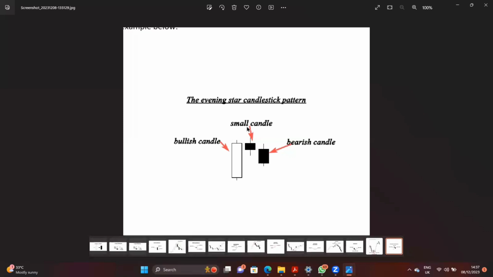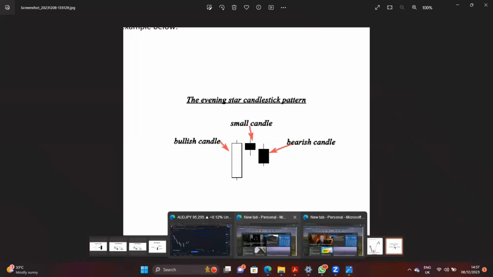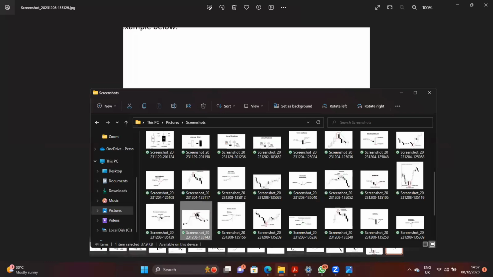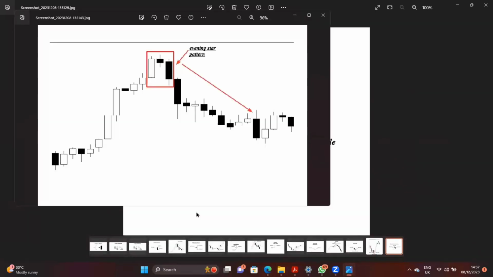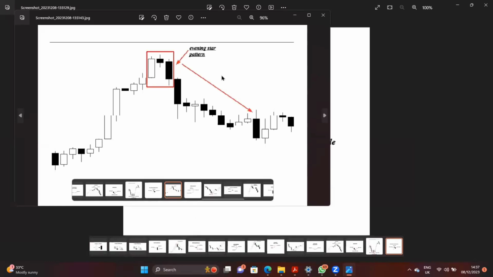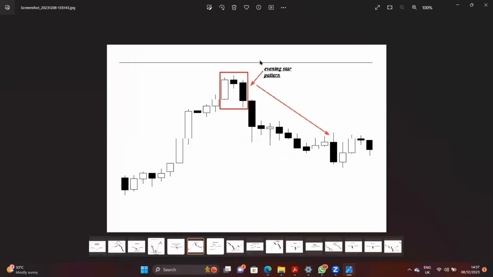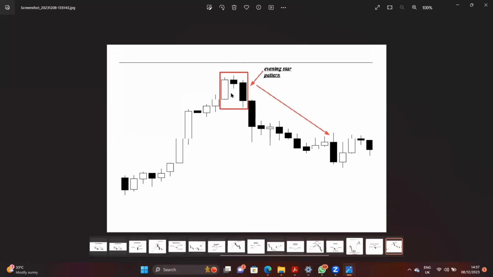Now let's see what an evening star can do at the top of an uptrend. Let's look at that. So look at this. Look at what we have. This is an evening star formation right here. Price was coming up all the way from here.